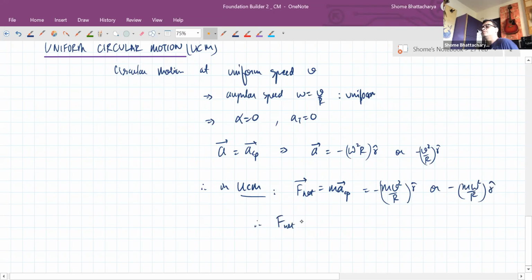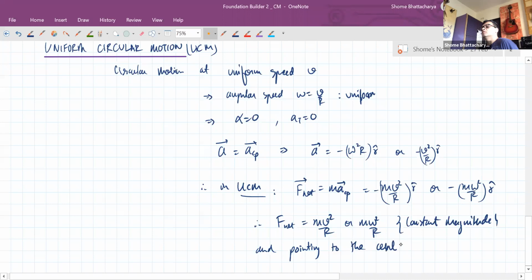Therefore, the net force is of constant magnitude and pointing to the center at all times. So next up, we will understand it with an example.